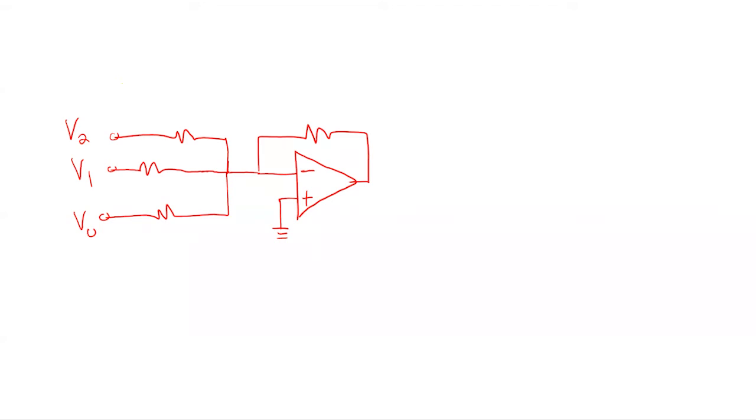The thing to note when you do the superposition is that this guy here is going to be at ground. V minus is going to be 0. So when I'm doing the superposition, what I do with those other two resistors becomes pretty simple. The circuit analysis gets really simple in this case if you understand what to do with the superposition.